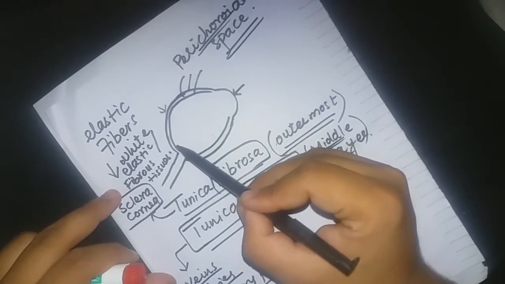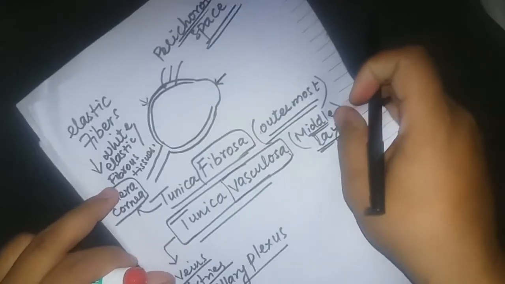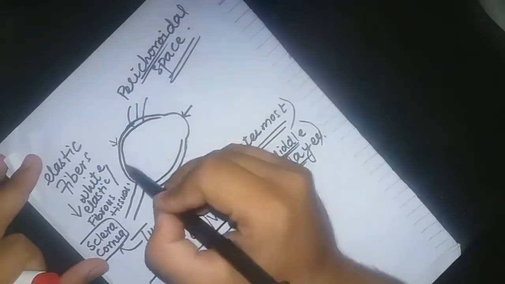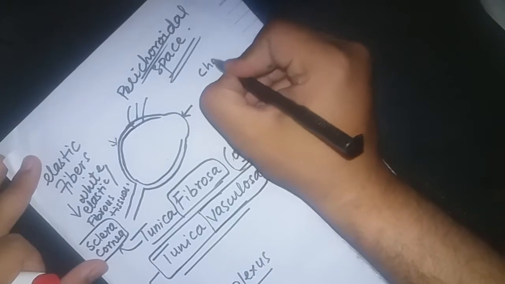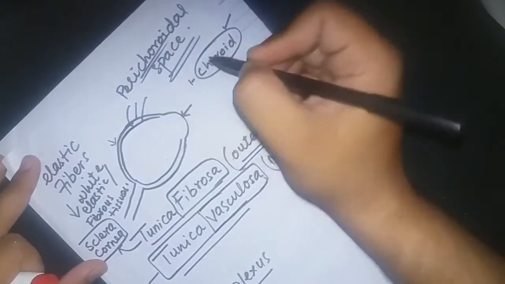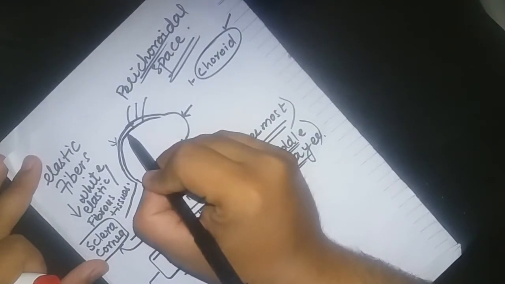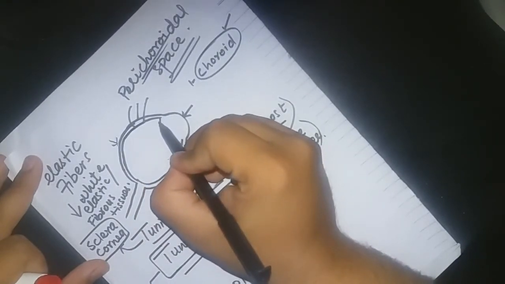Next to the outermost layer, the middle layer is composed of three things: choroid, and when it goes toward the end, this layer becomes more thick.